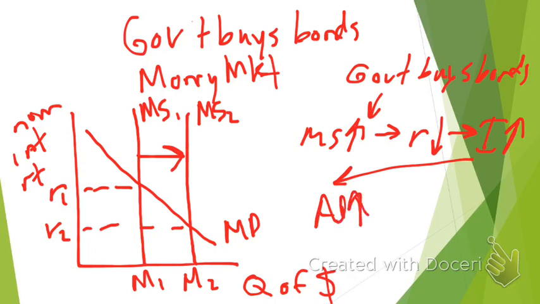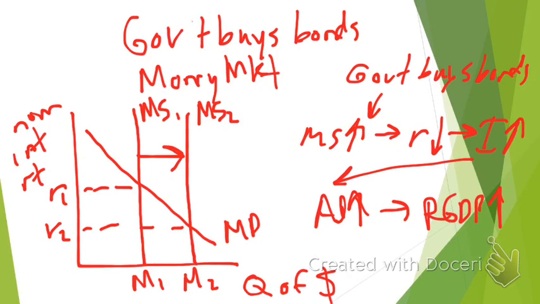When aggregate demand goes up, real GDP goes up, right? So that's government buying bonds. Everybody have that graph?